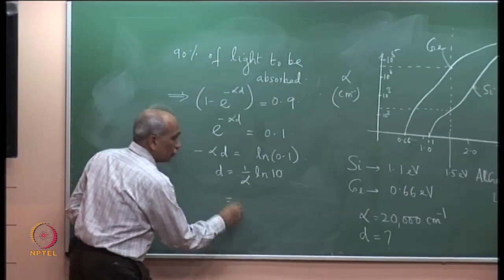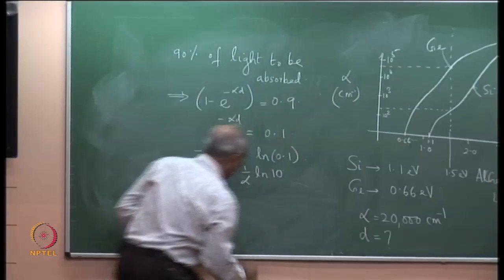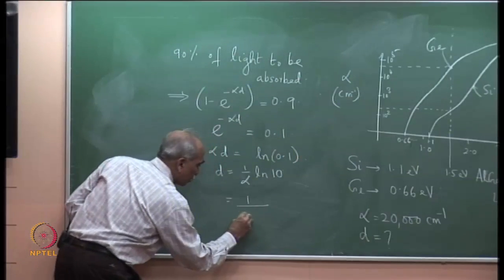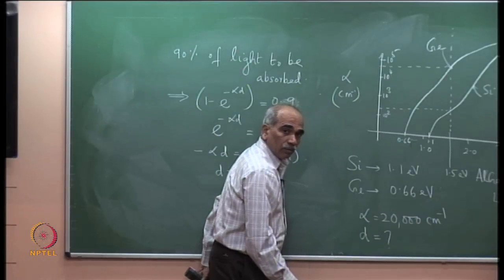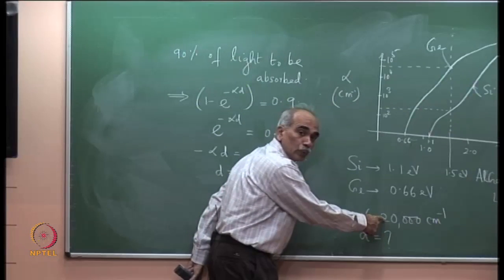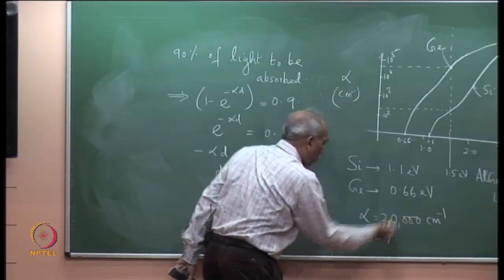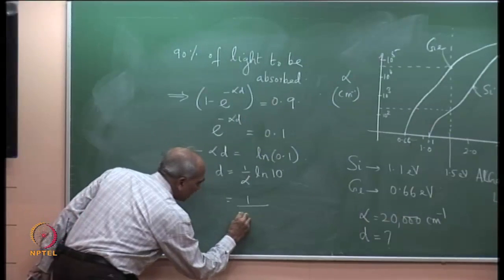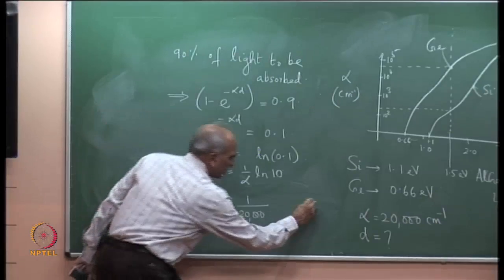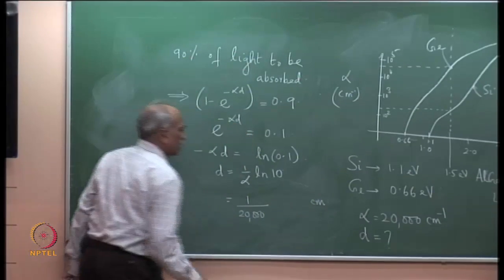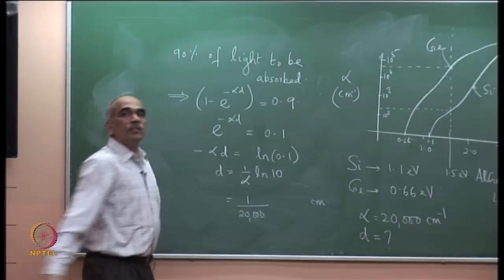So, alpha is 20,000 centimeter inverse. If I want to write this in micrometers, it will be simply 2 per micrometer, whatever. So, 20,000 here, my unit will be centimeter. ln 10 is how much?